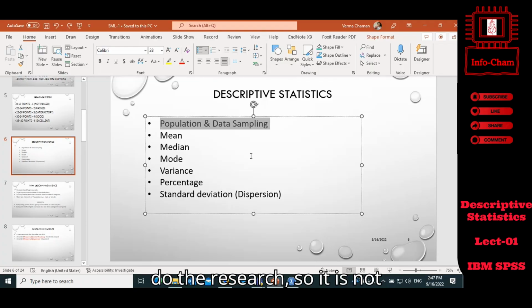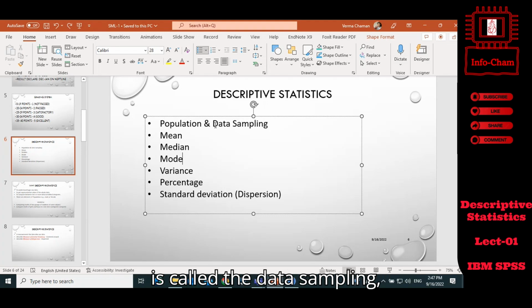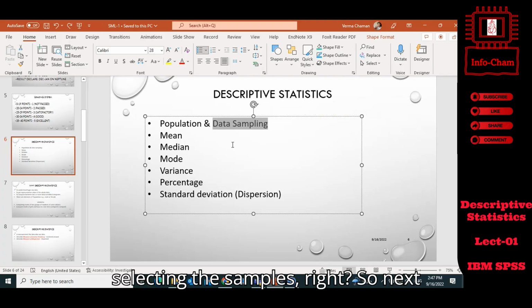You want to do the research, so it is not feasible. You cannot go to all the people one by one and ask something. Just think, it is quite awkward. So what you will do is get some samples. You have to select some data from the overall population. That is called data sampling, selecting the samples.